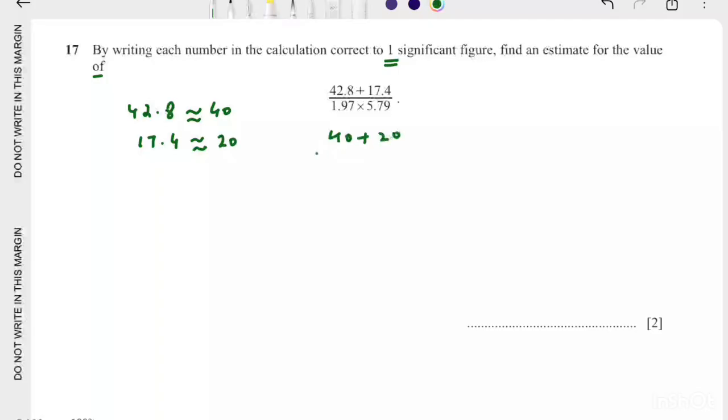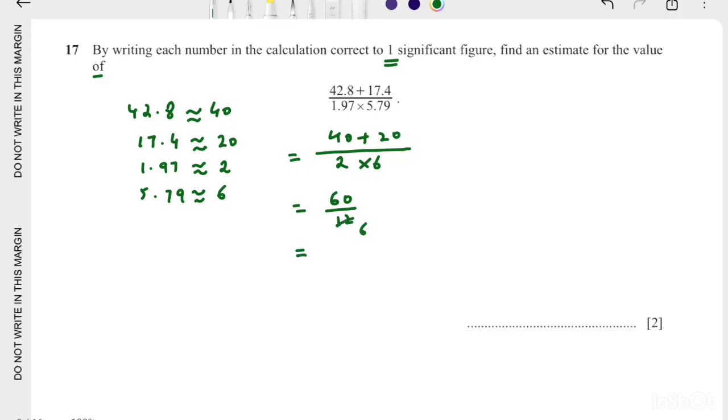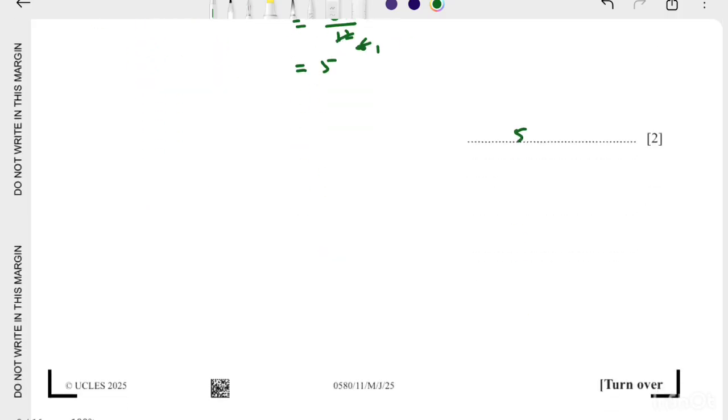It will be 20 upon 1.97 can be estimated as 2, and 5.579 can be estimated as 6. It would be 40 plus 20 is 60, divided by 6 twos are 12, and now we have to simplify it. 2 sixes are 12, 2 thirties are 60, 6 ones are 6, 5 twos are 10. The 5 is the answer. Next question.